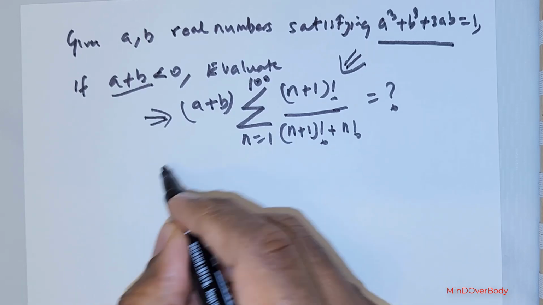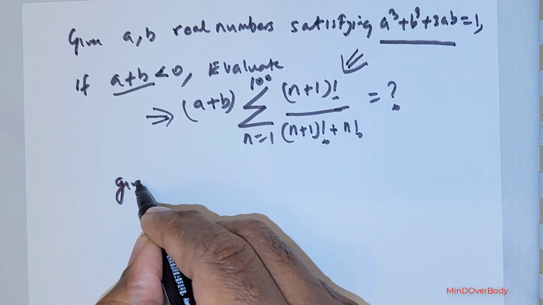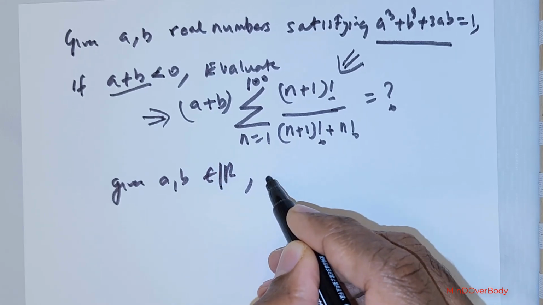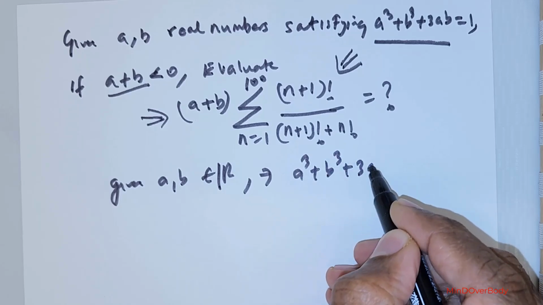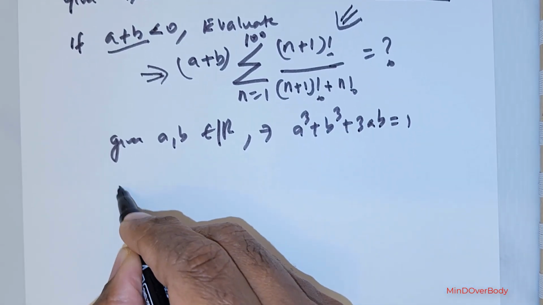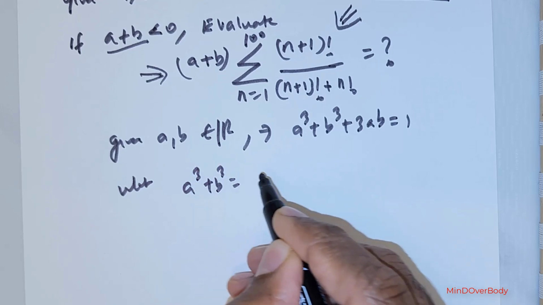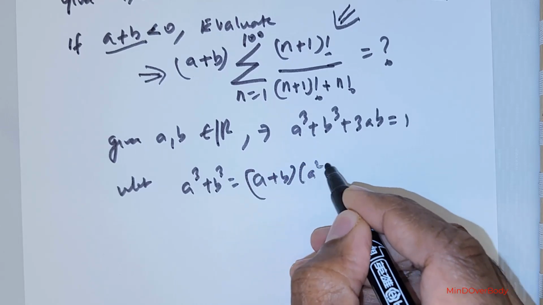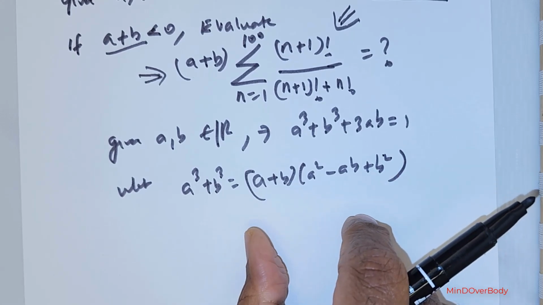So foremost, I will handle the first part, satisfying. Given that a, b are elements of R such that a cubed plus b cubed plus 3ab is equal to 1. Now we know that a cubed plus b cubed can be rewritten as a plus b times a squared minus ab plus b squared, isn't it?